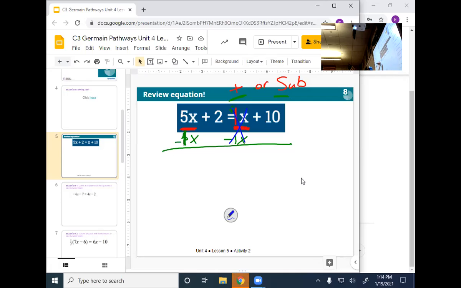Very good. And I bring down the plus 2, since I didn't do anything to it. Plus 2 is equal to how much is left on the right-hand side? The positive 10. Yes.